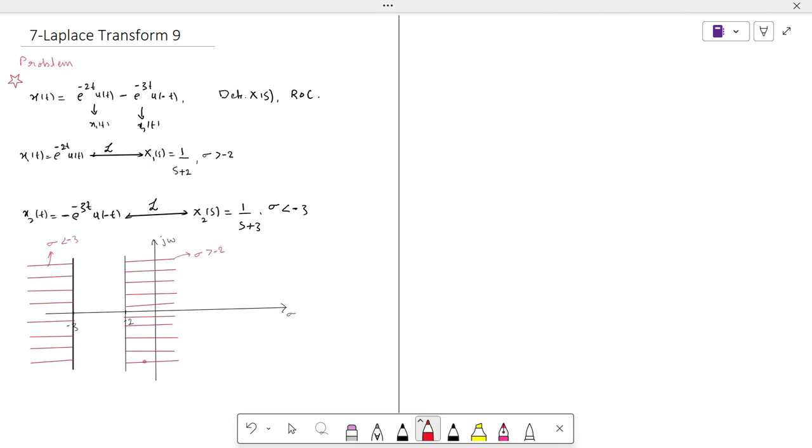In this case, we cannot write a common region of convergence. The common region of convergence does not exist. Then we cannot define the Laplace transform for this case.